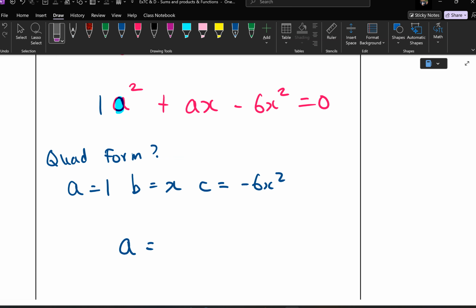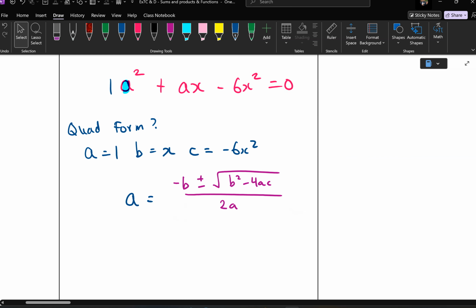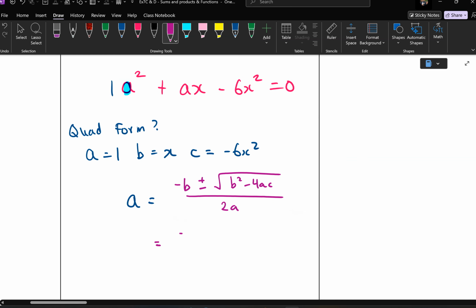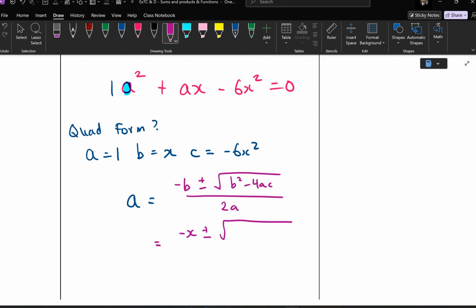So then that means instead of x equals, it'll be a equals, and you can have negative b plus minus square root b squared minus 4ac all over 2a. What would you get? According to your method here, you would have negative b plus minus the square root of b squared, which is x squared, minus 4 times 1 times c, divided by 2 times 1, which is 2.